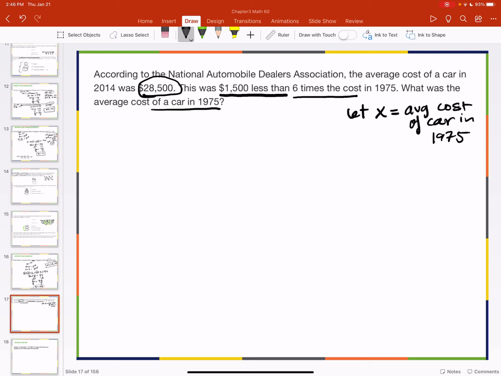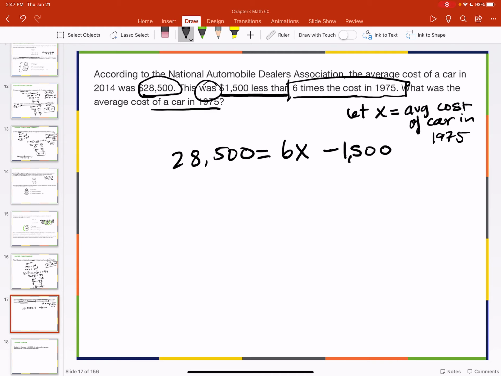Now, what did they give us? In 2014, it's $28,500, which was $1,500 less than. That means I'm subtracting it from something. What am I subtracting it from? 6 times the cost in 1975, so 6x.